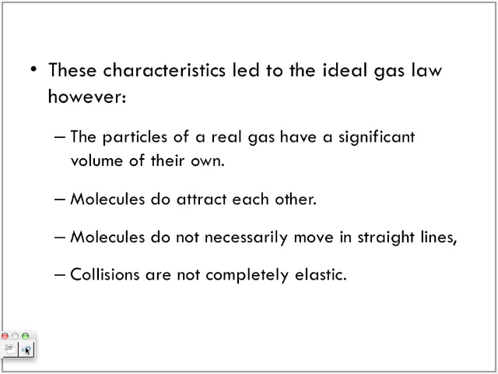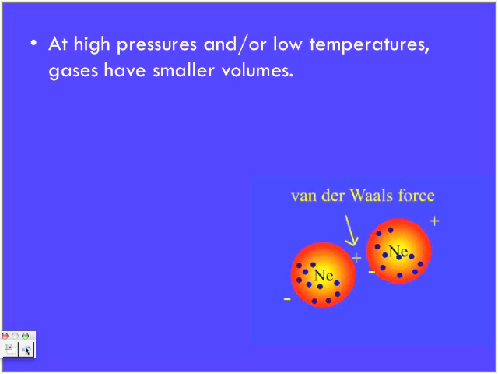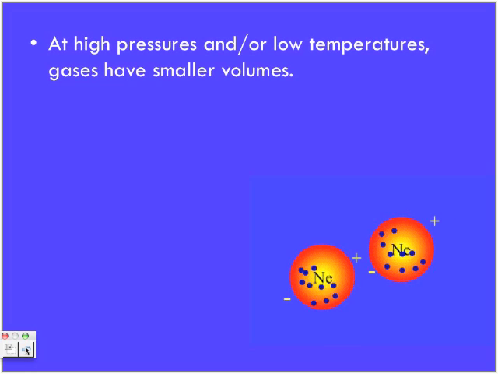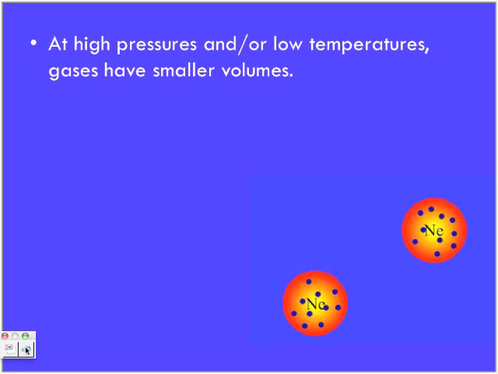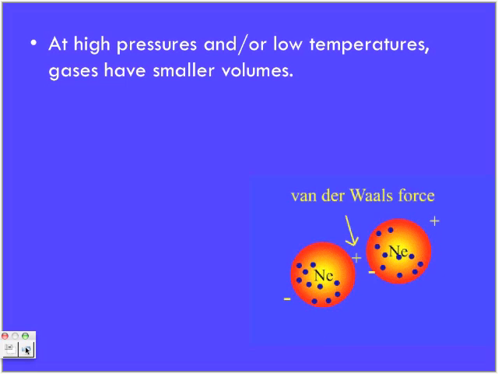Collisions are not completely elastic. So in fact, two molecules do have this attraction. This is called the van der Waals force, which we may talk about if we've got time, but you will go into it in a little more detail in the grade 12 course.